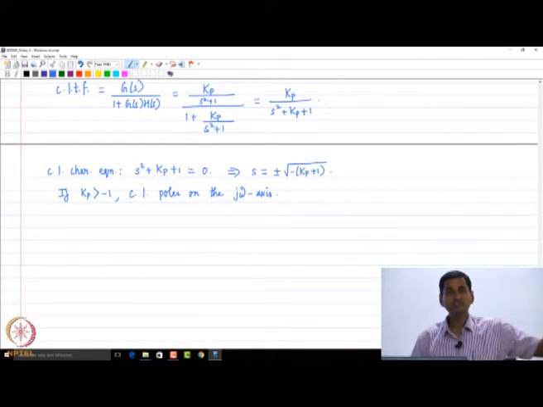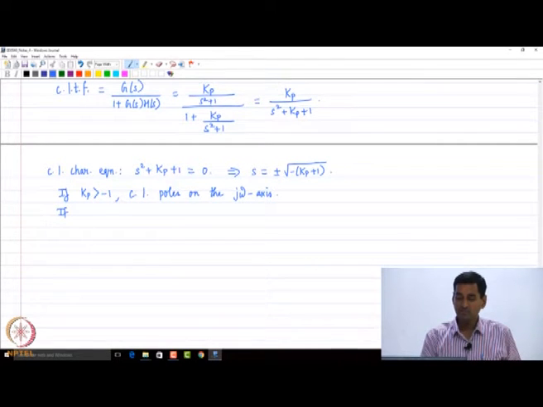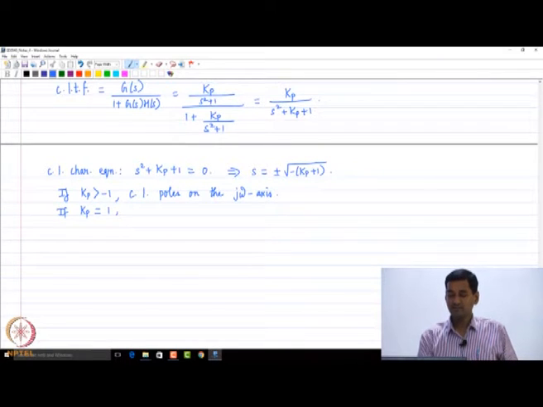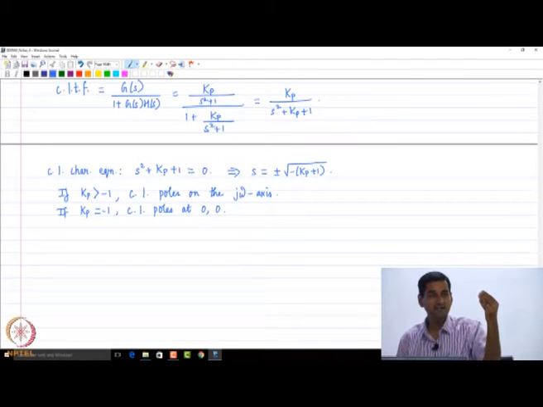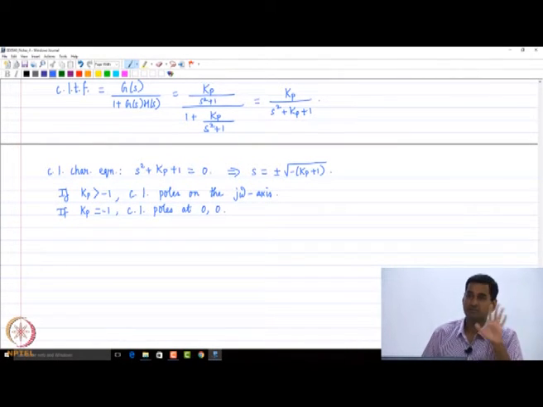Because we want closed loop poles in the left half complex plane. So if Kp is equal to, sorry, equal to minus 1, what will happen? Closed loop poles at 0 and 0, even worse, because we know that if we have repeated poles on the j omega axis, the output is unbounded for any bounded input, that is already known.